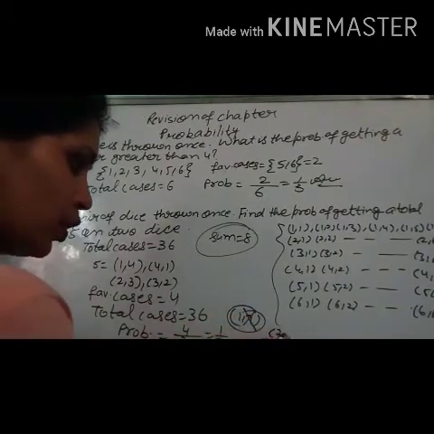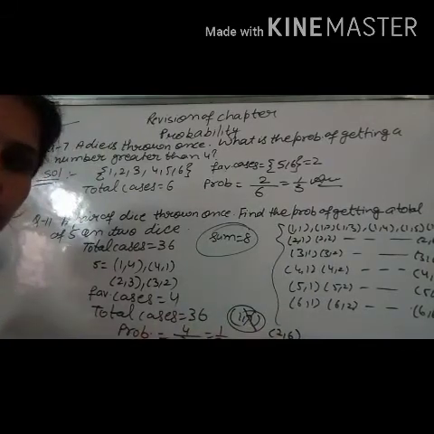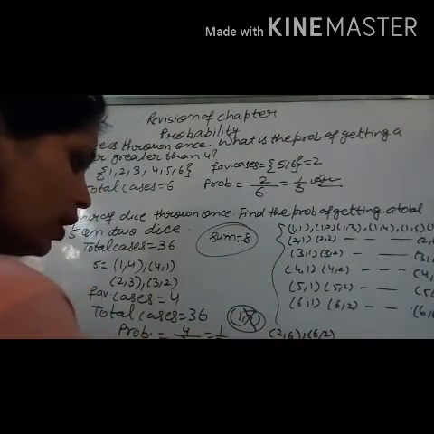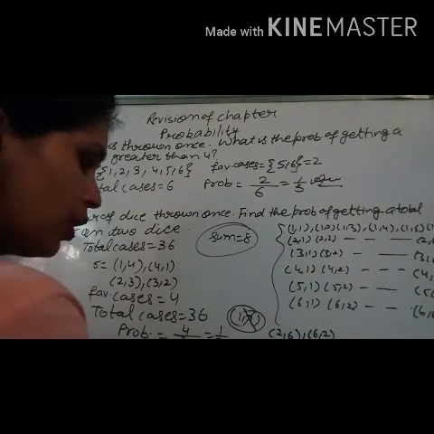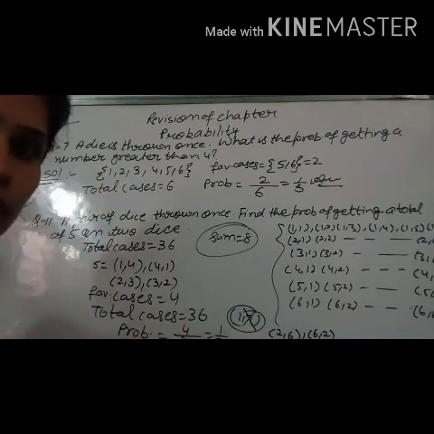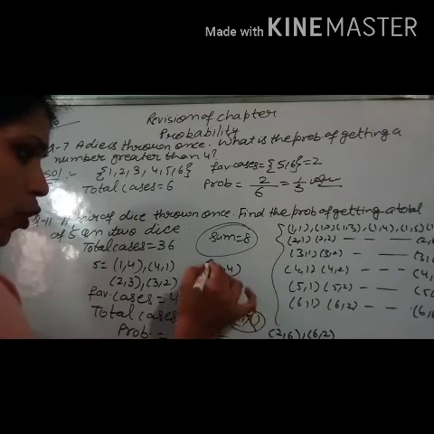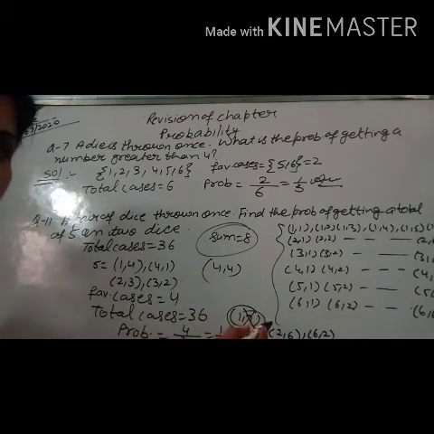Next is 2 6, yes, 2 also appears and 6 also appears. Next one is 6 2, second 3 5, and reverse of this 5 3, and next is 4 4.